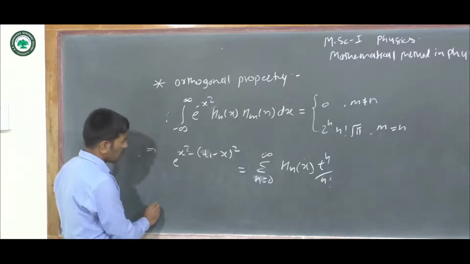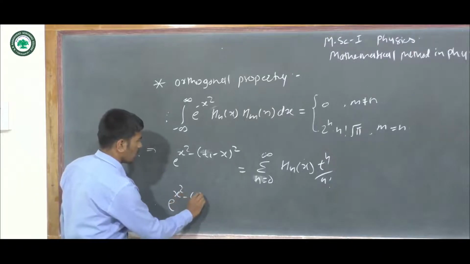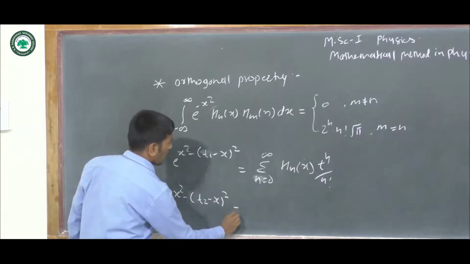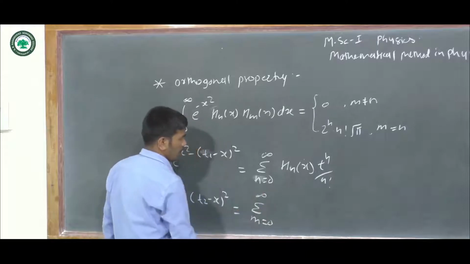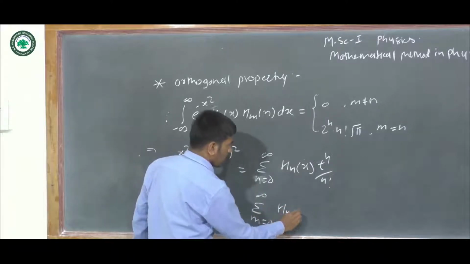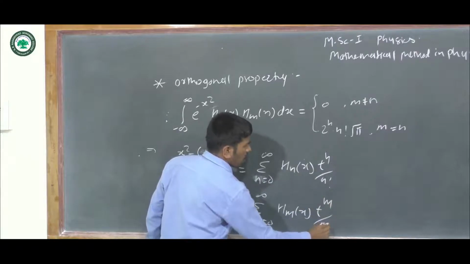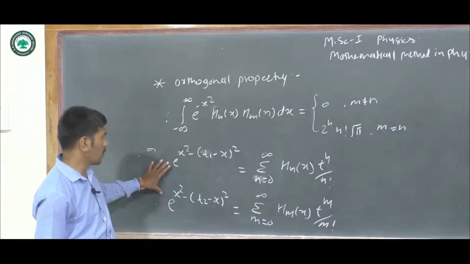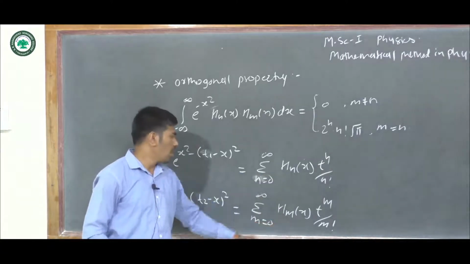Now another generating function we consider, that is e raised to x square minus (t2 minus x) whole square, is equal to the summation over m equal to 0 to infinity of Hm(x) into t2 power m by m factorial. So these two generating functions we relate with Hn and Hm.